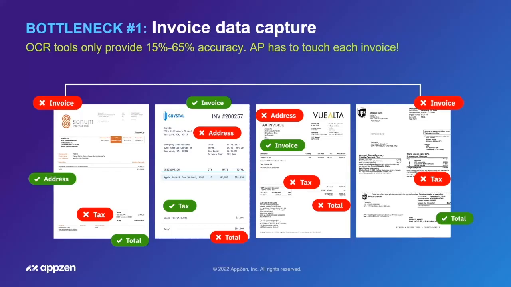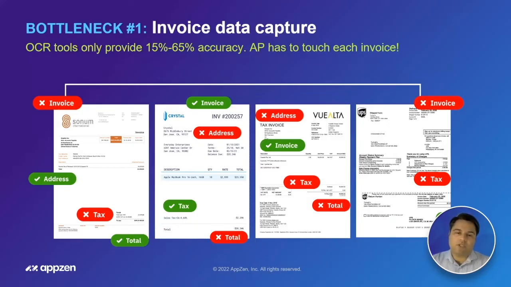Because on each invoice, the OCR is struggling with one element or the other, and therefore AP has to step in to either make corrections or to manually extract that information themselves. And you can just imagine, if you're processing thousands and thousands of invoices, how difficult it would become for AP to actually monitor and touch every invoice to make sure that they get the right information out. And that's where the bottleneck appears.